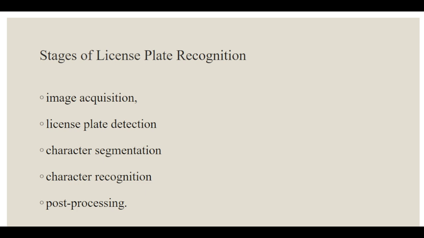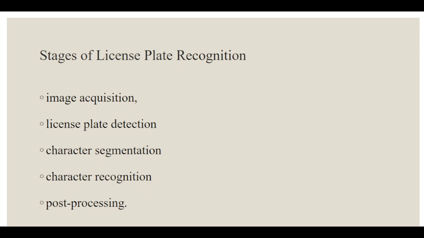Character segmentation. Once the license plate region is identified, the individual characters on the plate are segmented and isolated for recognition. This is typically done using techniques such as thresholding, connected component analysis, or deep learning-based approaches.